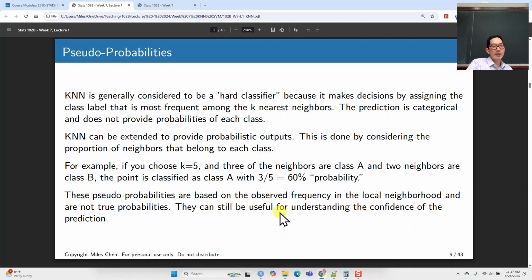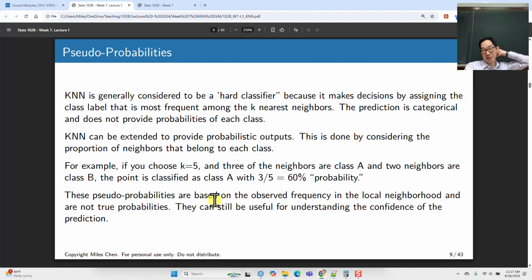Anyway, as far as KNN and its classification, it's generally considered to be a hard classifier because it makes decisions by assigning a class label that appears most frequently among the k-nearest neighbors. You can extend this to get what we might consider pseudo probabilities.